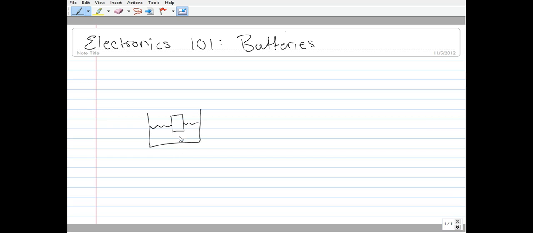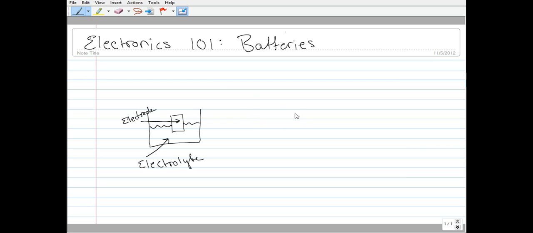This is the electrode. And here is the electrolyte. And what happens when you submerge the electrode in the electrolyte is it forms one of two chemical reactions.